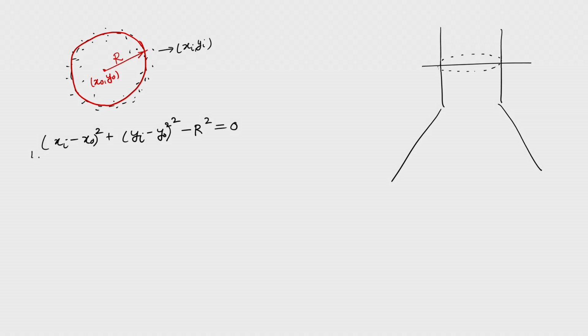Now in this situation, can you use the condition equation method? No, because I am observing only x and y. So I do not have a condition where I am observing each and every variable. Now, there are unknowns which are x0, y0 and r. They are unknowns, or I can say parameters.